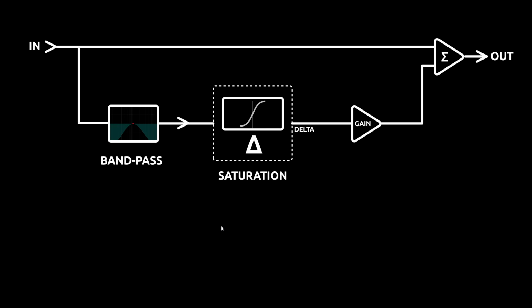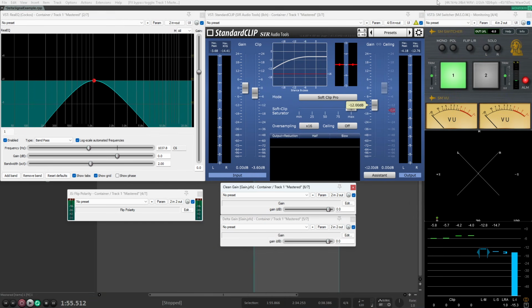And in the example we listened to, we first took the clean signal through a bandpass filter, and then this bandpass signal was sent through a saturator, which we extracted the delta signal from, and then we added this signal back into the clean signal. So first we had a bandpass filter.